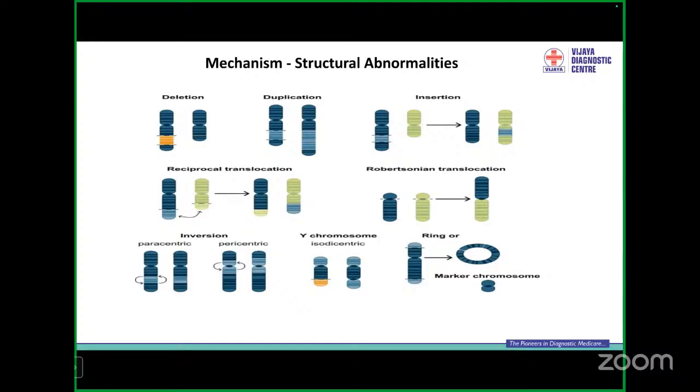The other one is Robertsonian translocation, which is a translocation specific to the acrocentric chromosomes, which are the D and G group chromosomes. Also, inversions are seen. An inversion across the centromere is known as a pericentric inversion, and if it is within the arm, it is known as a paracentric inversion, or ring chromosome. All these are the types of structural abnormalities seen in subfertile couples.